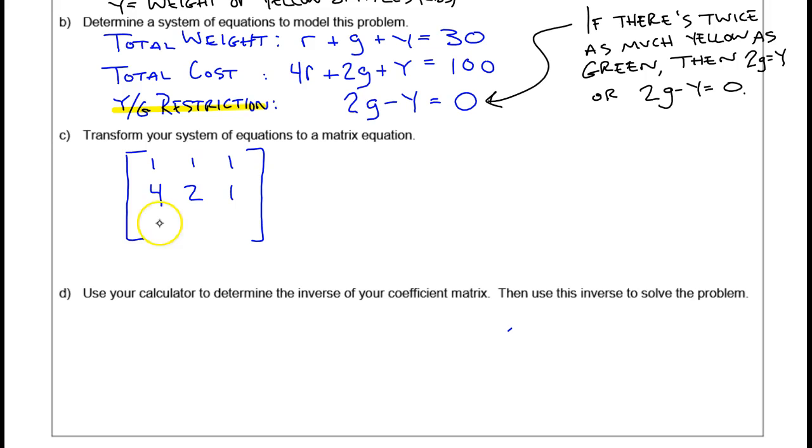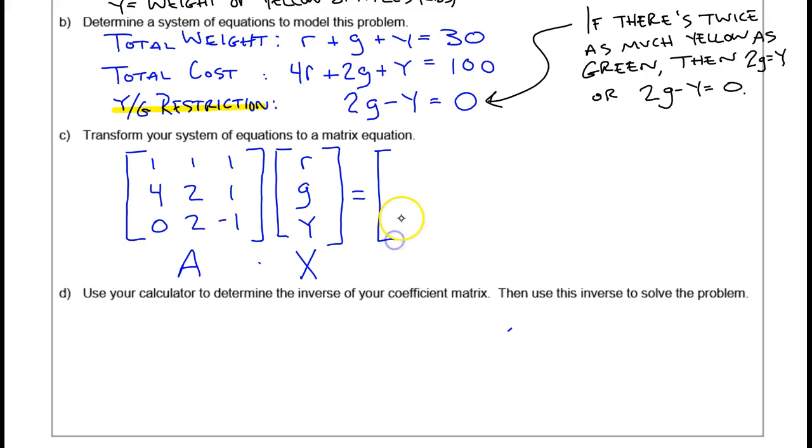And my third equation is 0r plus 2g minus 1y. I'm going to call that matrix A. The next thing I'll need to add is a matrix for my variables, r, g, and y. I'm going to call that matrix X, capital X. And that has to equal my constant matrix, which is the constants from our system of equations. We're going to call that matrix B.